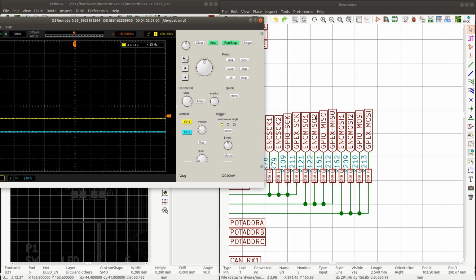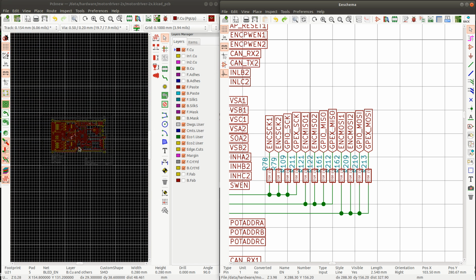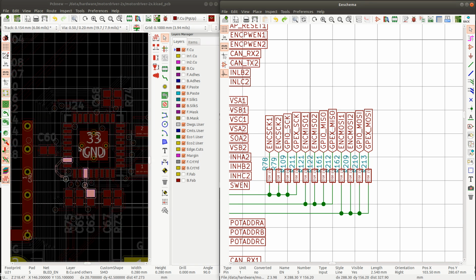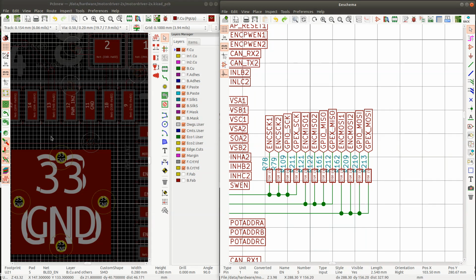And is the chip select working? Where is the chip select?